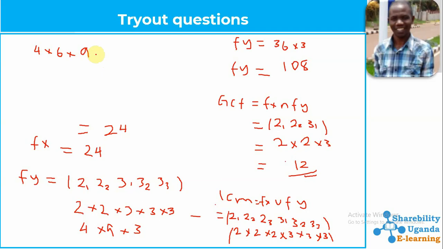We are having our 4 times 6, then times 9. So we should also be able to come up with our answer here. So finally, we can say our lowest common multiple using prime factorization is going to be equal to 216. So finally, for this we shall have solved our number which has been given.